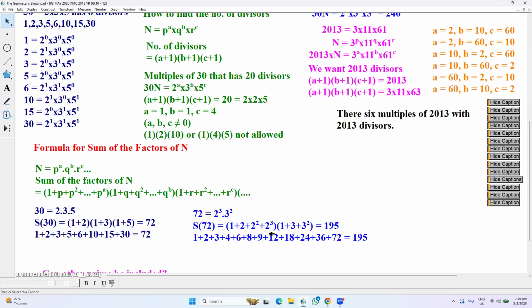Then we have 1 plus 2 plus 4 plus 8, which is 15, and 1 plus 3 plus 9, which is 13. So 15 times 13 is 195. If we really write out and check, it's 195.